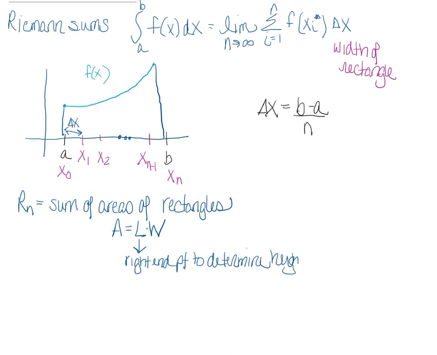And that height is just the function at that value. Now, I'll talk about that x sub i star at the very end of the video. For now, we're just going to use it as f at some value. Where the width of those rectangles are all delta x.